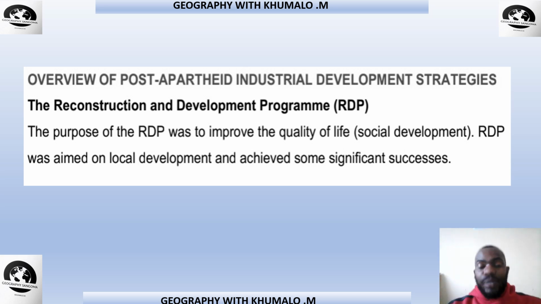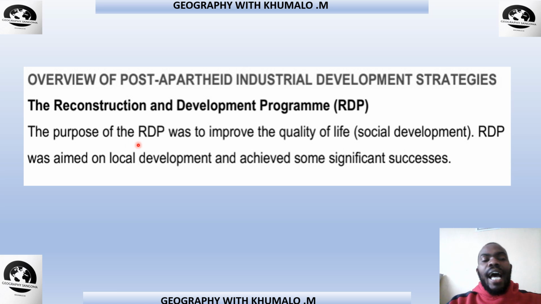It's not houses. Houses are part of the RDP policy. So when you are going to call a house an RDP, you must say an RDP house, not that a house is RDP. RDP houses were houses that were built as a result of the policy or strategy known as RDP.